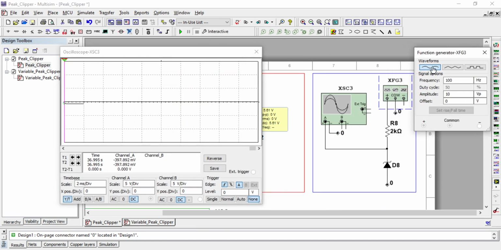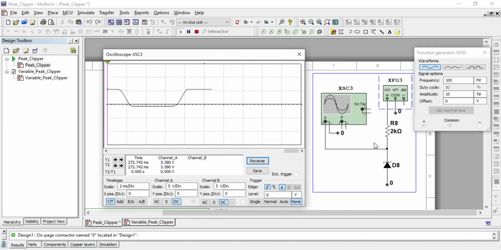In this circuit we are applying a sine wave of 20 volt peak to peak, because it is 10 volt peak, and I have used a resistance of 2 kilo ohm. You can choose any other value also. So let us simulate this signal.